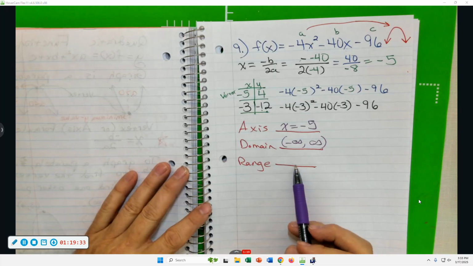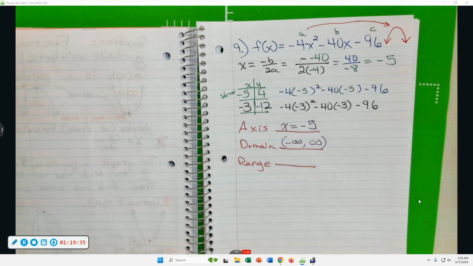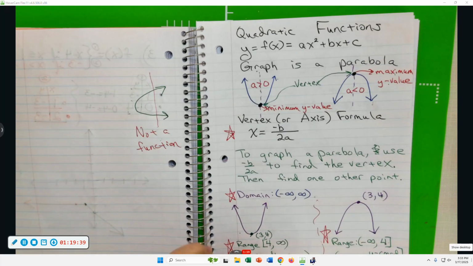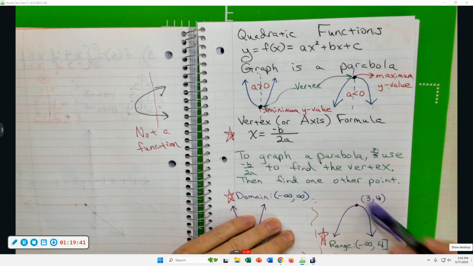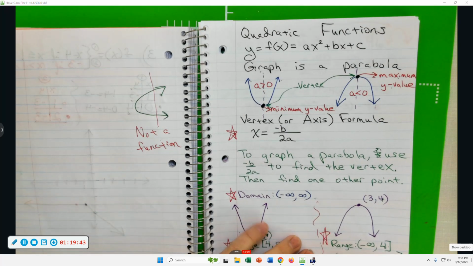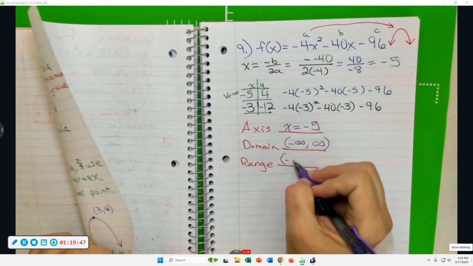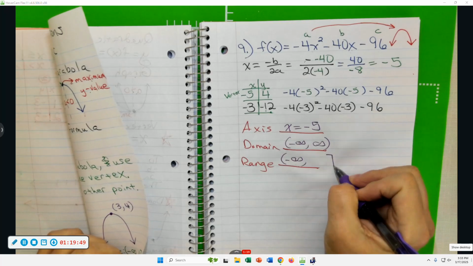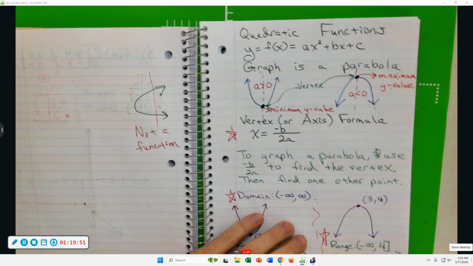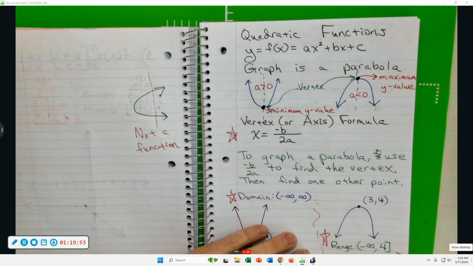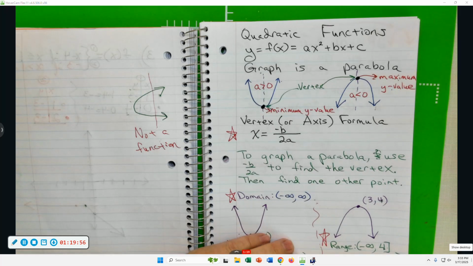Now the range. Look back at the graph. Well, first of all, remember the parabola is opening downward. So it's going to start off with a parenthesis, negative infinity. And it's going to have a bracket. What is that right-hand endpoint on the interval notation?